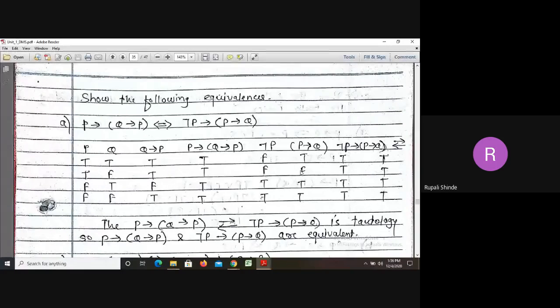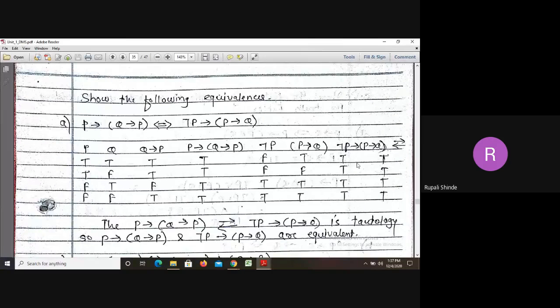That's why its final value is F. And for all other combinations it is T only. And next one negation P conditional P conditional Q. So we have to take conditional between negation P and P conditional Q. So again check whether there is any combination TF. No. That's why all the values are T here.